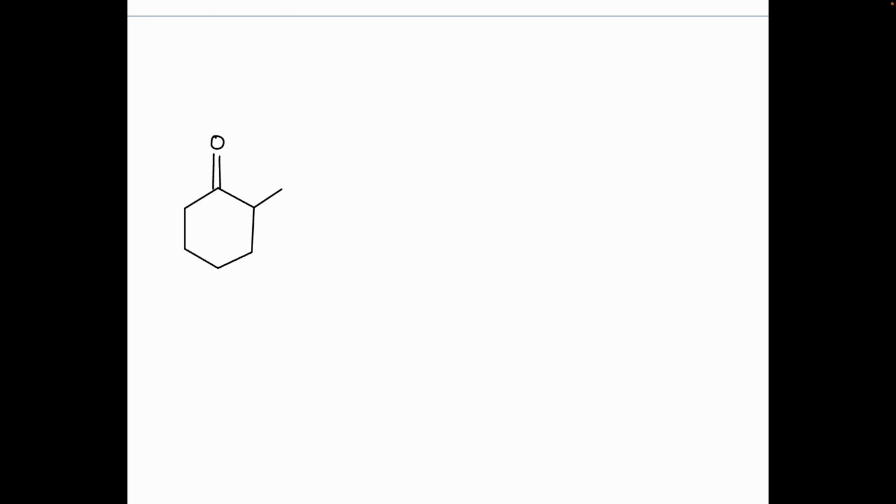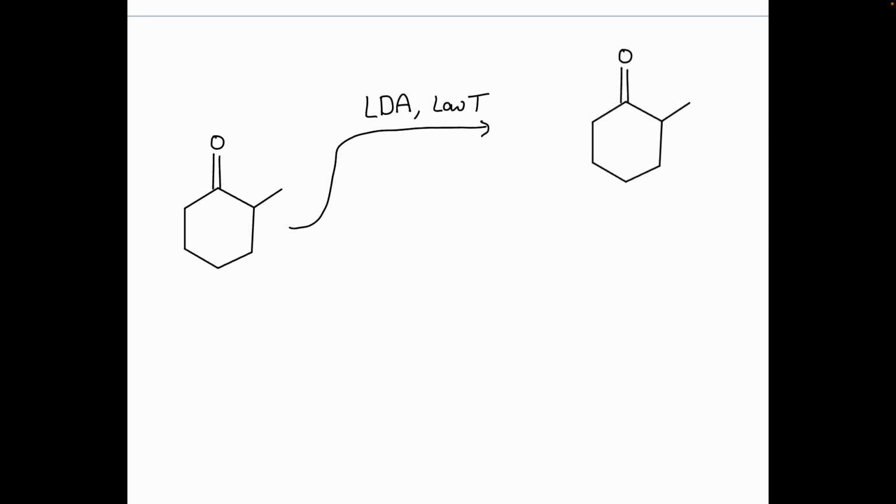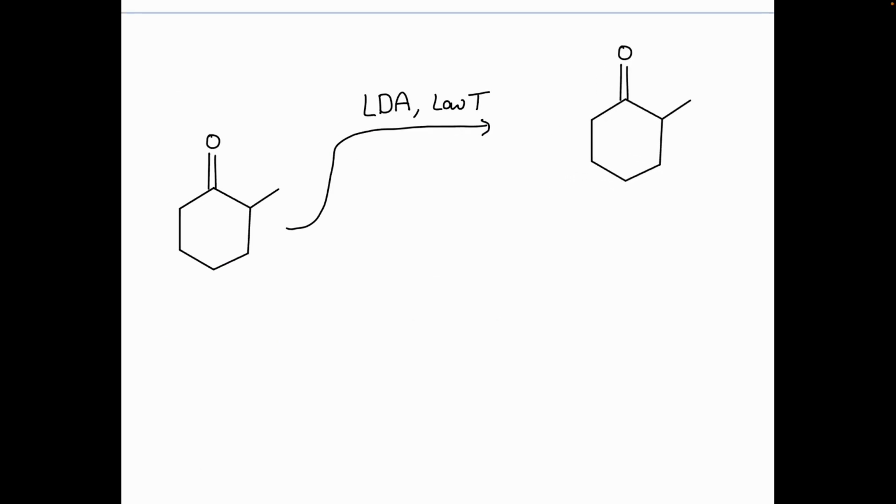If we use our bulky base, the LDA, at low temperatures, we're going to specifically form the enolate on the more accessible carbon.